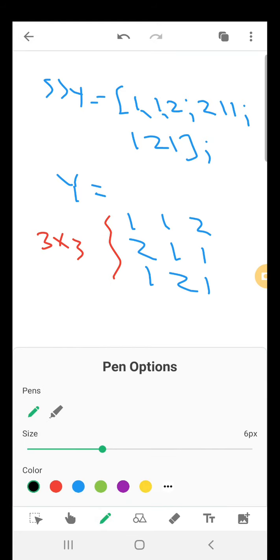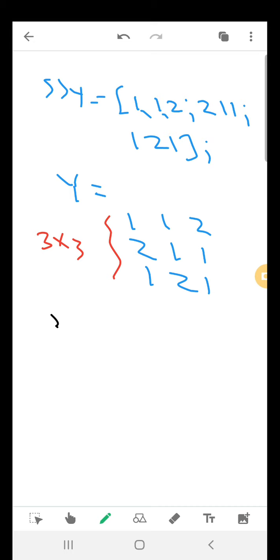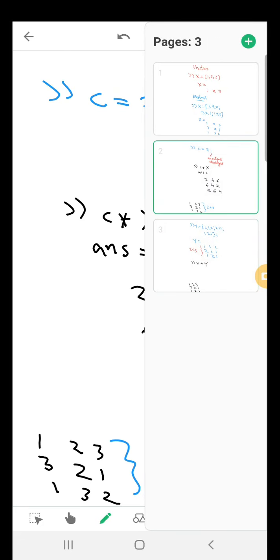So we perform the operation x plus y. As you know, for any addition to take place, the two matrices should be of the same order. In this case they are of the same order, so they will add up. X was 1, 2, 3, 3, 2, 1, 1, 3, 2.